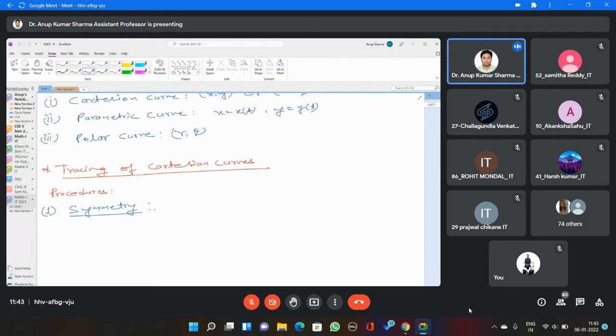Then the next characteristics we find are where the tangents could be, how the curve intersects the x-axis, whether the origin is passed through or not, intersection with the coordinate axes, some special points. We extract such things. Then region: if the curve is in this region, whether it will be available or not.